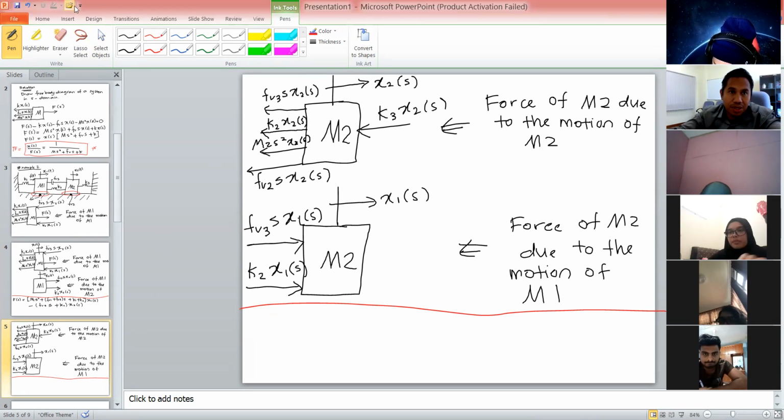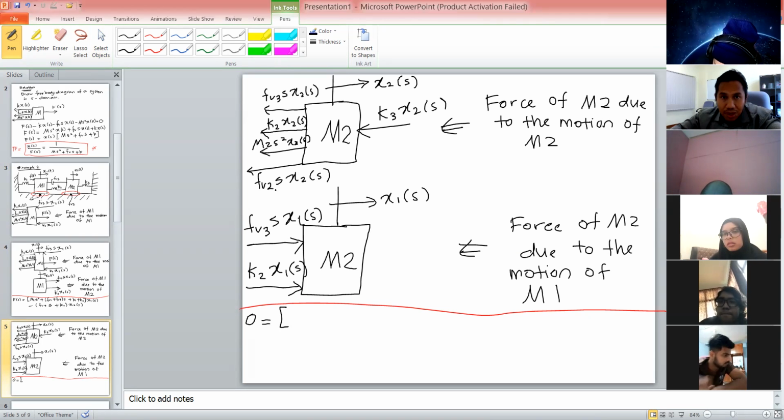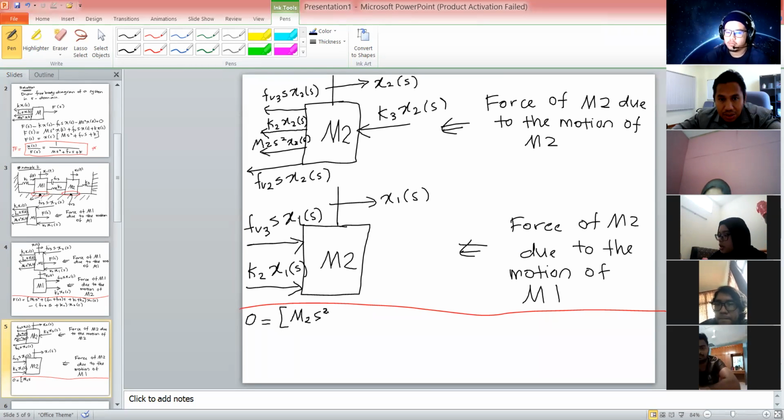Okay, so we need to write the equation here, all the summation here. Now we don't have force here, right? So it equals 0. What we have here is M2 s square, plus FV3 plus FV2 times s.